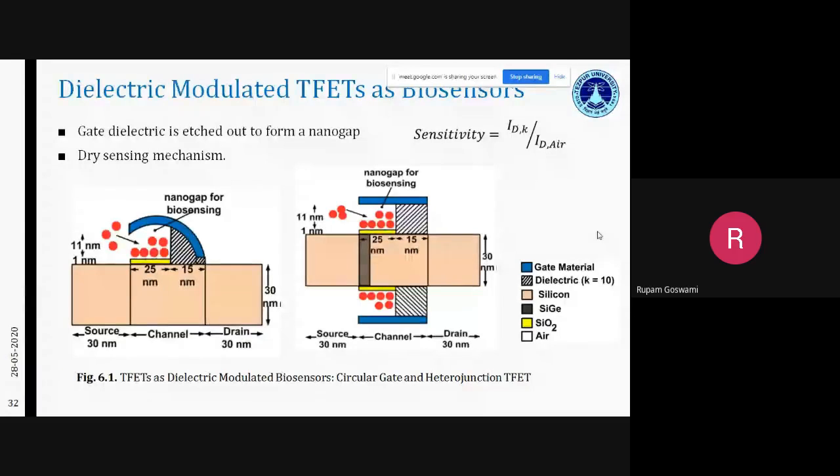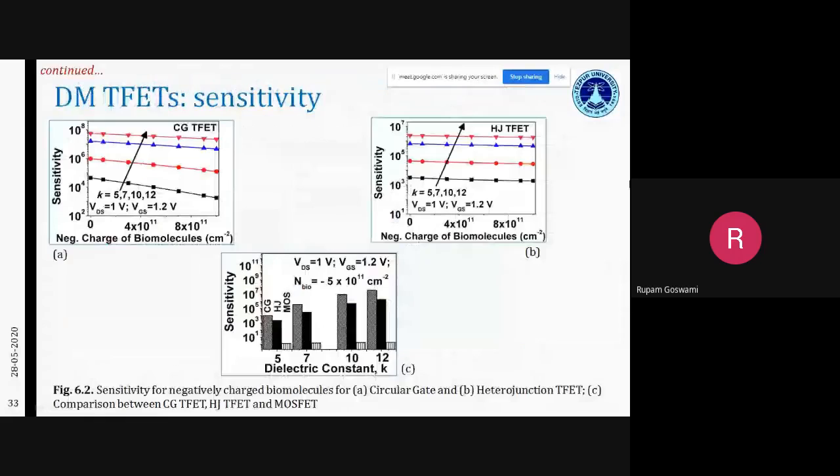Therefore we have taken that, and we have considered a fixed dielectric constant of 10 towards the drain side, which you can see as this shaded portion here. So this is a fixed dielectric material, and this is empty, and this red just symbolizes the biomolecules. And then we tried to go for the sensitivity for both the devices.